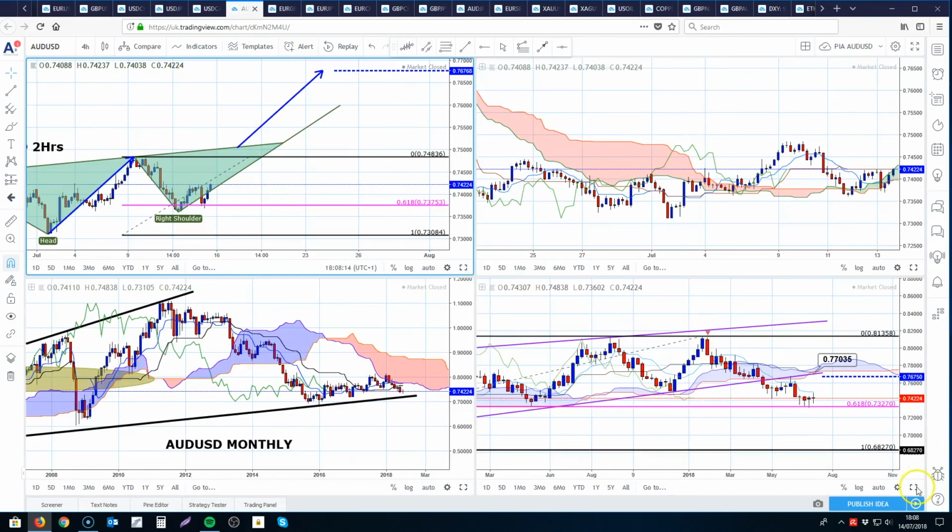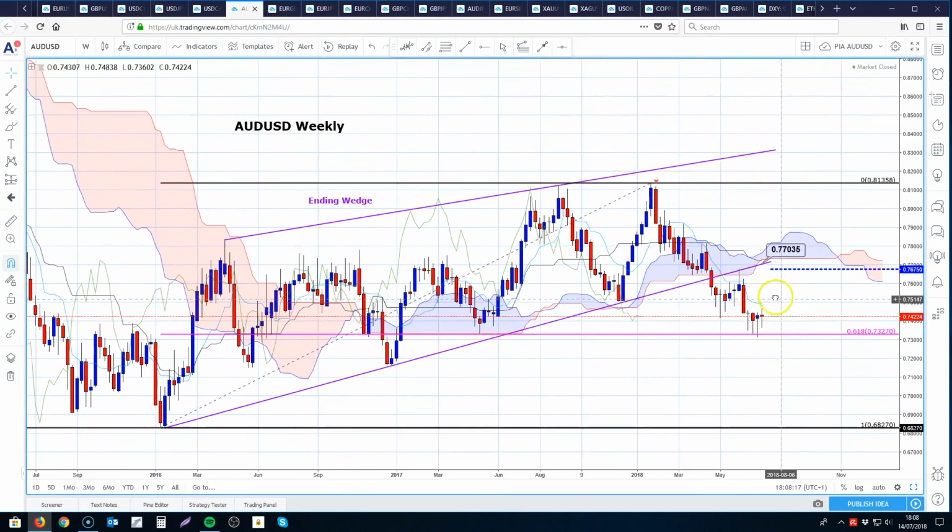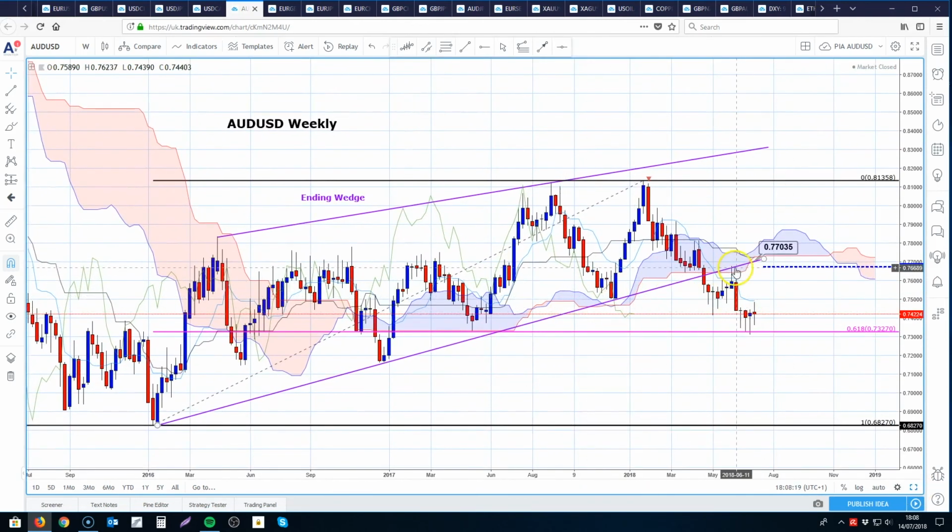If we go to this time frame, it's very close to the reverse trendline resistance from this wedge breakout. So we've reacted higher from the 50% pullback level. A possible another retest of this trendline resistance, and then a continuation of the move to the downside. So again, we're bullish on Aussie dollar, looking to buy dips next week.